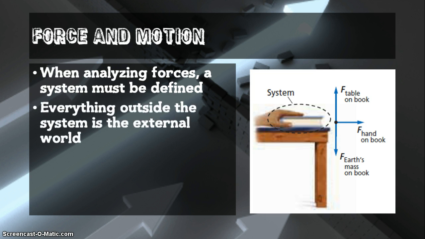The system can be anything that you define, but you have to know that the system cannot enact a force on itself. Everything in the system is just part of the system, a closed black box, so to speak. Everything outside the system is referred to as the external world. External forces are going to define that system's motion.